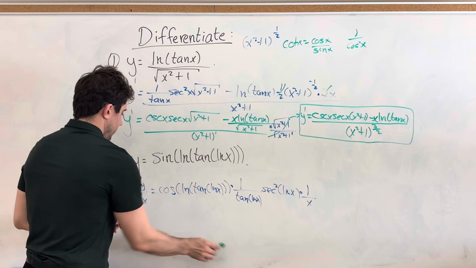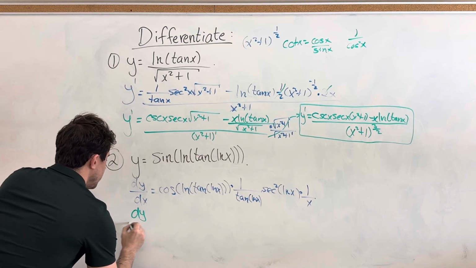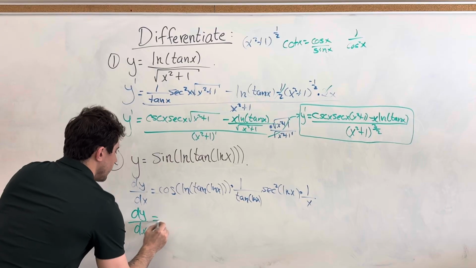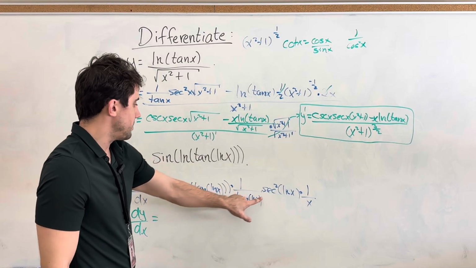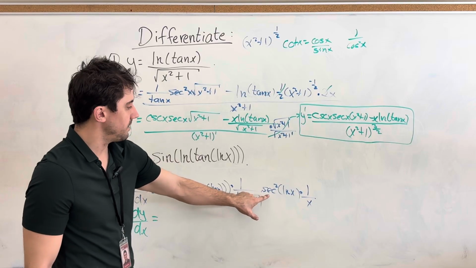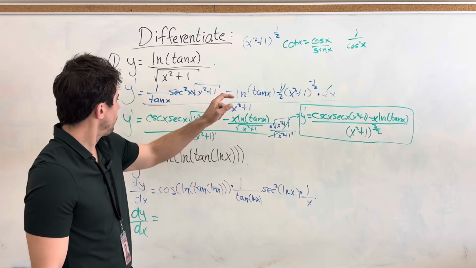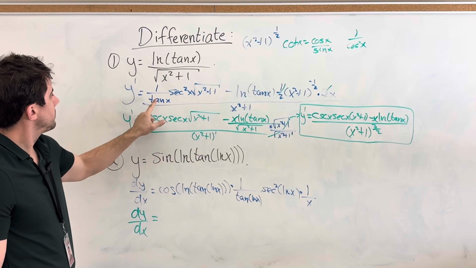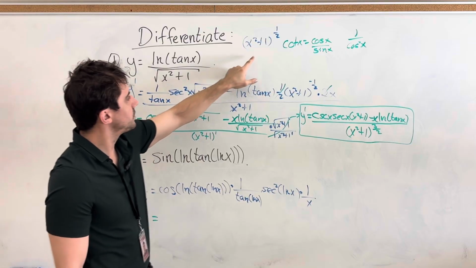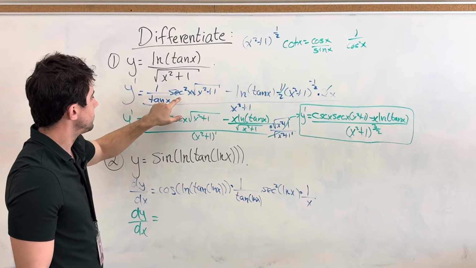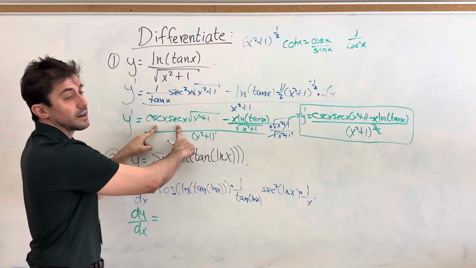So that means that we can write dy dx, our derivative function, is, again, we have a 1 over tan of ln x times secant squared of ln x. Now, I didn't plan for this to happen, but we actually already dealt with this in example 1. So that's convenient. We managed to simplify 1 over tan times secant squared to cosecant times secant.